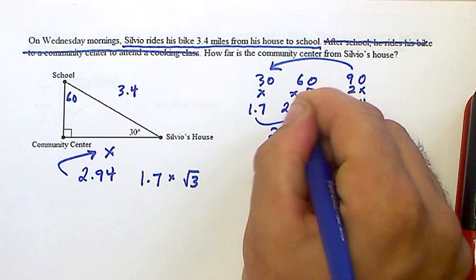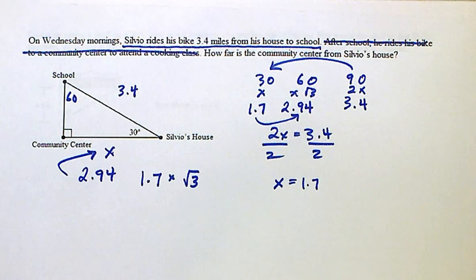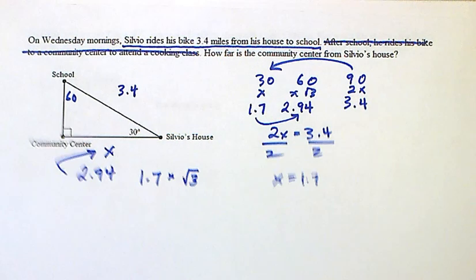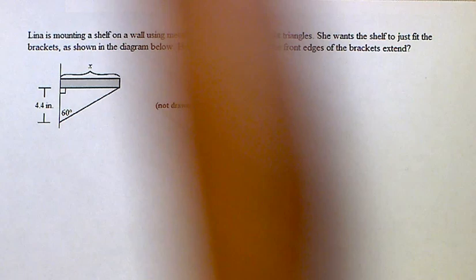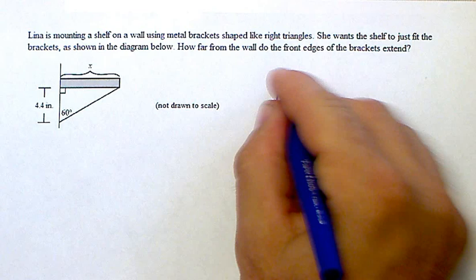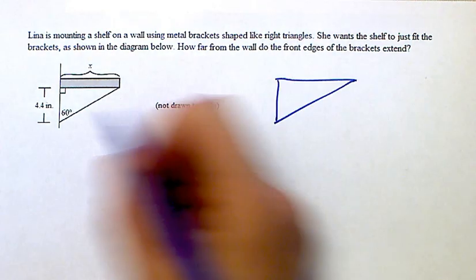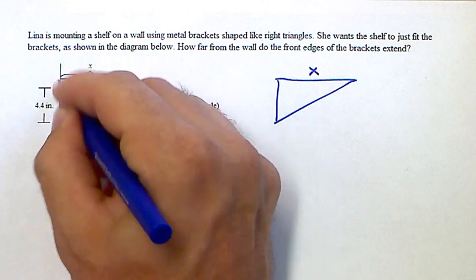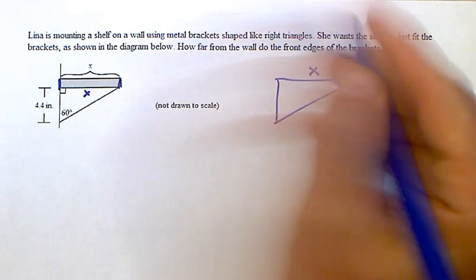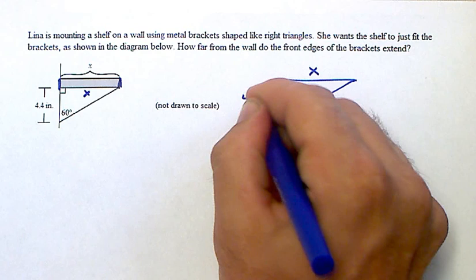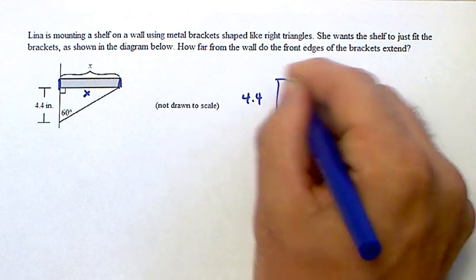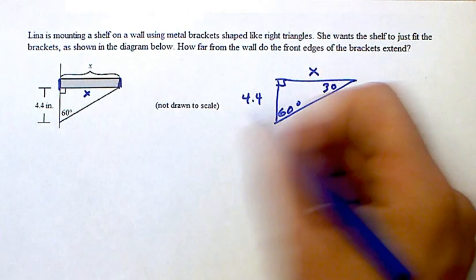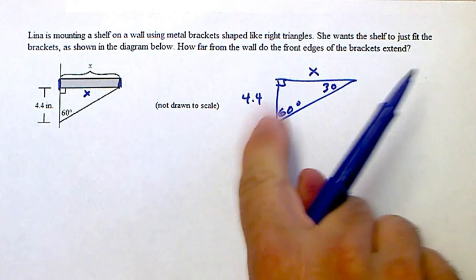And this is kind of the idea of like you're working more so with decimals. I don't find this to be terribly hard, but I guess some of this diagram could confuse you because you have this piece here. If this is x, basically this is x here. This is your 4.4. Here's your 60. They're giving you the side opposite 30.